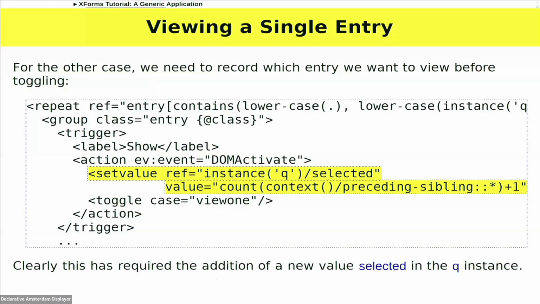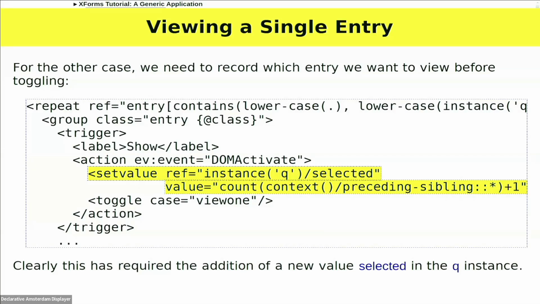To view a single element will take a little bit more work. We're going to add a trigger in front of every single entry that gets displayed, that allows you to click on it so that you can look at that one entry. So what we do is set a value selected. We're going to add selected to our instance data.